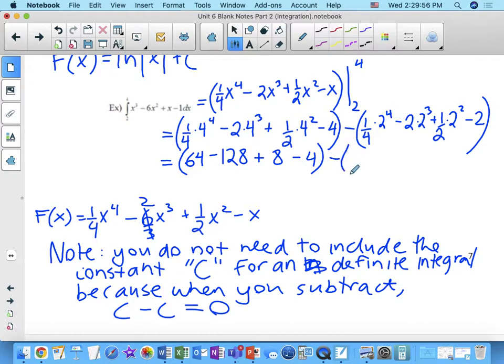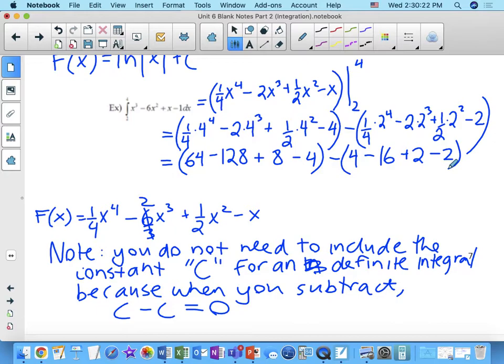Okay, minus. A half times 2 to the 4 is 16, so times a quarter is 4. Minus 2 times 2 cubed, that's 2 to the 4, so that's 16. Plus a half times 4 is 2, minus 2.